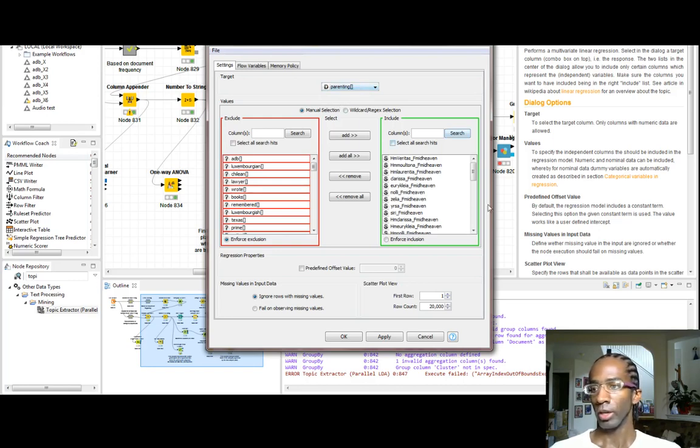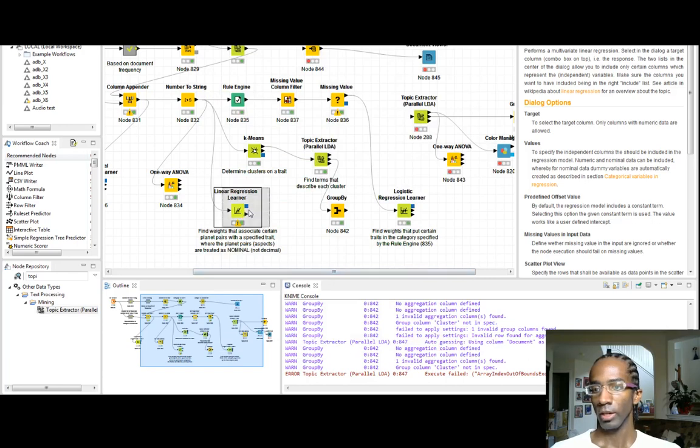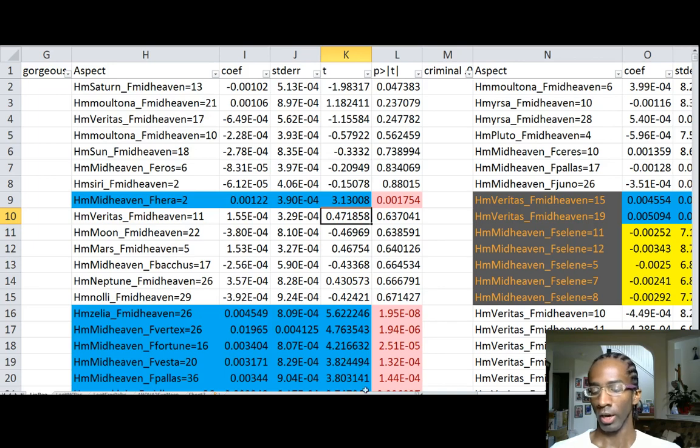And then you can say which of these planet pairs, if any, help change the frequency rate for the mention of parenting. And when I run that, you can get various results. Let's go over to Excel and look at a couple of the results that I got.